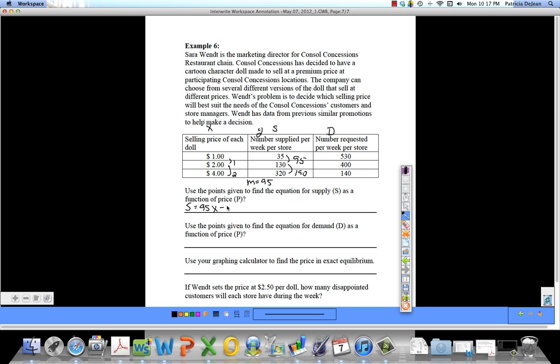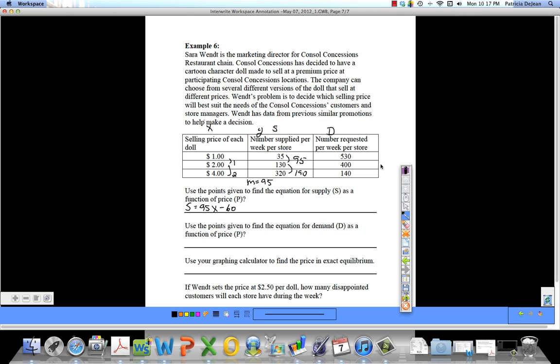So 95 times 1 minus 35, that would be 95 minus 60, would give me the 35. Now let's do 95 times 2 minus 60 and see if we get 130. So we have 95 times 2, and then minus 60, and we do get 130. And you could check it again and find that your rule holds true. So this is the equation for supply as a function of price.